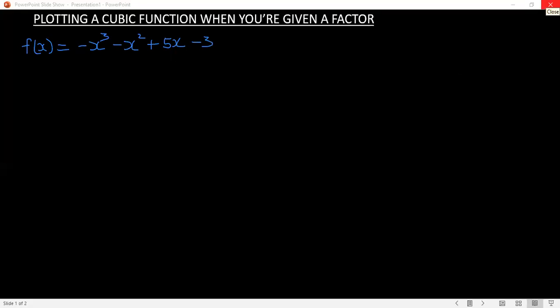Then this function is divided by a vector, which is equivalent to x minus 1.